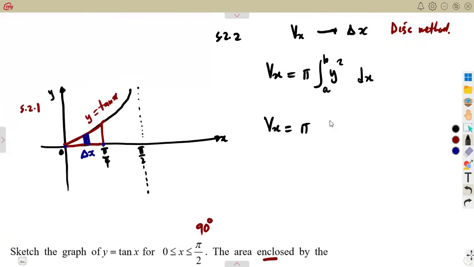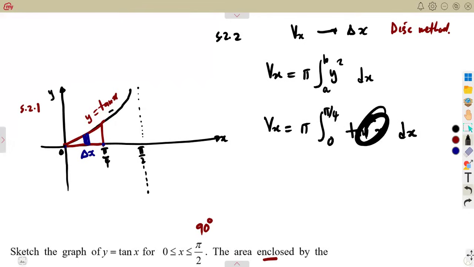Y is our f of x. So that is the integral of the limits from 0 to pi over 4. And y is the tan. So that means we've got tan x squared. But remember that tan x squared like that is the same as tan squared x. You can just write it that way with respect to x.